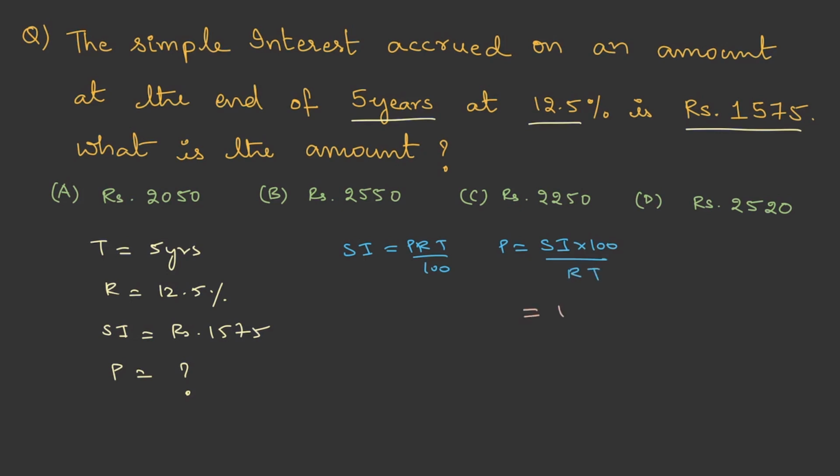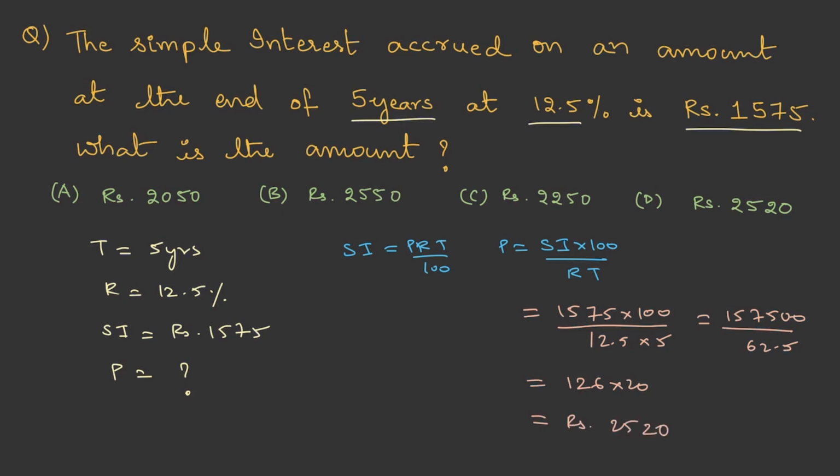When we substitute, it is 1575 into 100 by 12.5 into 5, that is 157500 by 62.5. If you do a little division, this is 126 into 20, that is rupees 2520. Therefore option D.